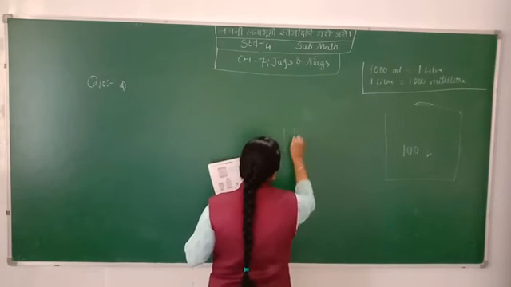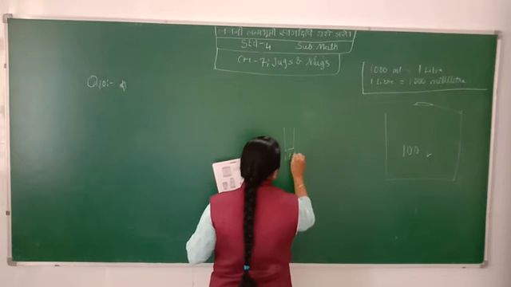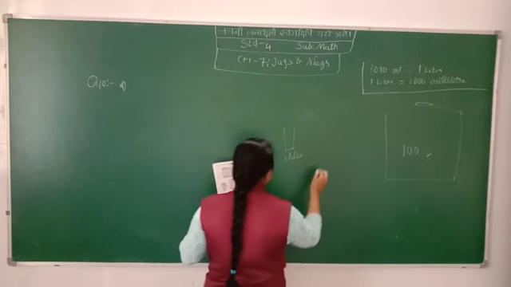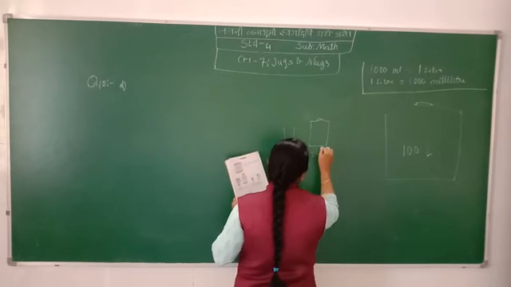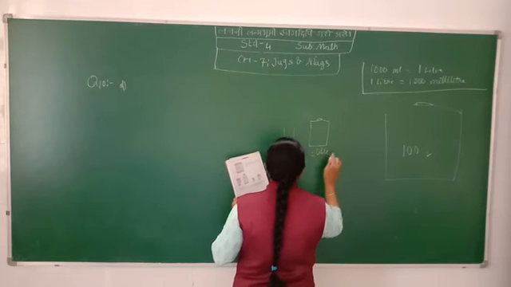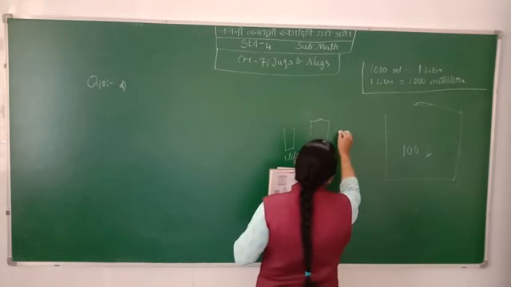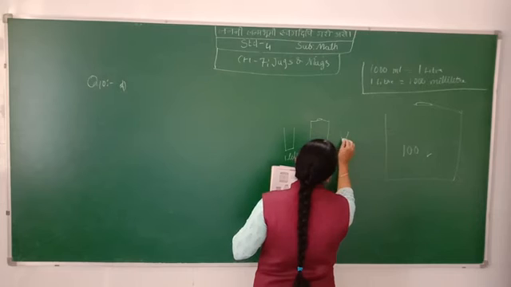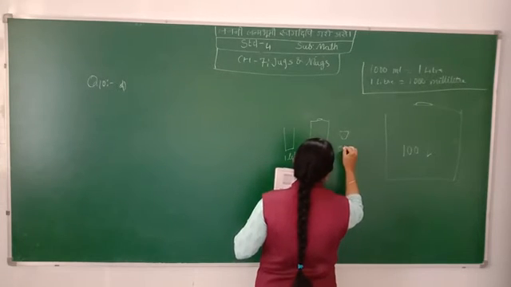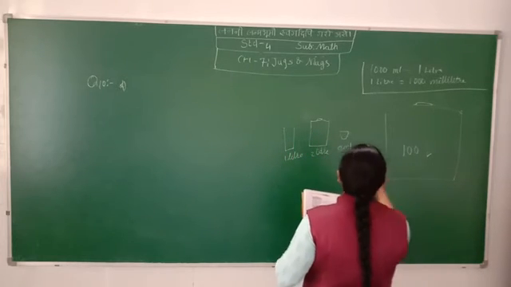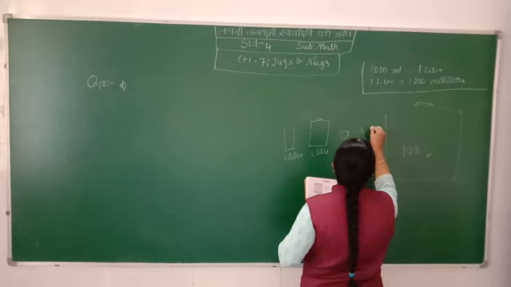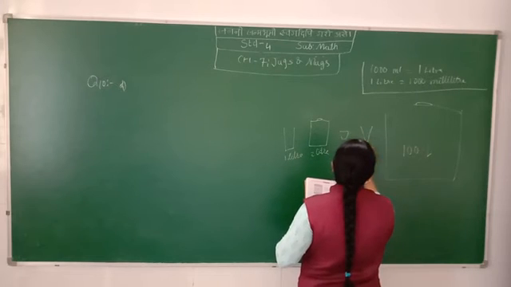One is for 1 liter. Second pot is 2 liters. Another one is only 50 ml. And one is 500 ml.